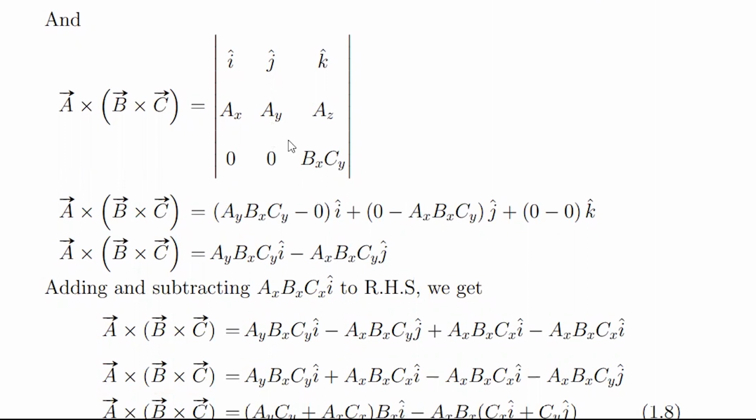The second term will be 0, and we will get these three components. Similarly, first row, second column will give again 0, and third, first row with third column, these two terms will alternatively be 0.